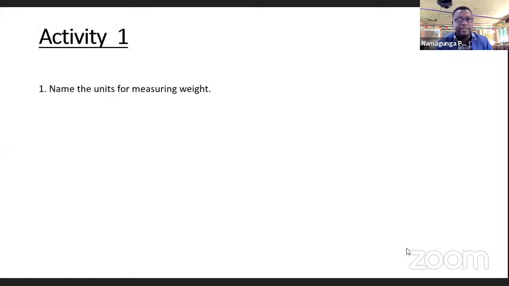Mugisha, give us the answer for that question. As weight. I can't get you well. Okay. As weight. Which property of air helps in inflating a balloon?